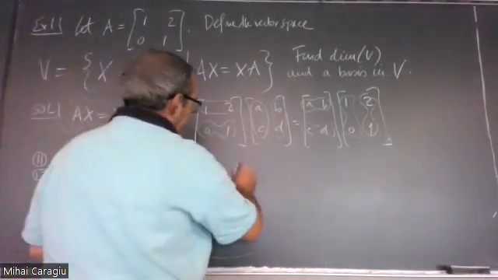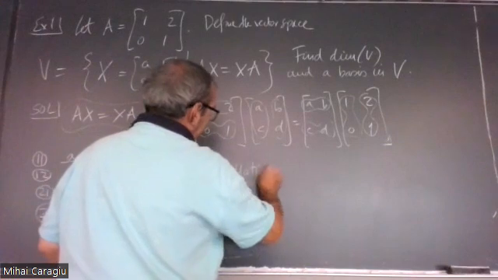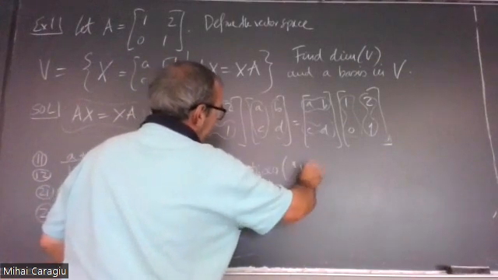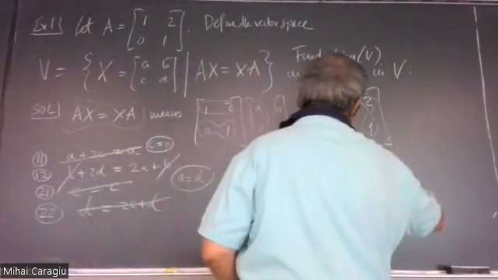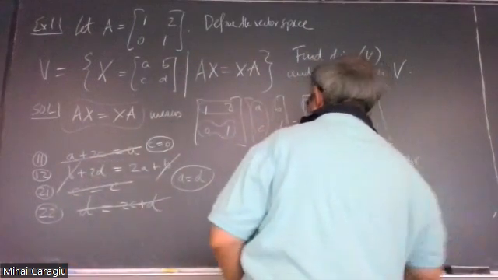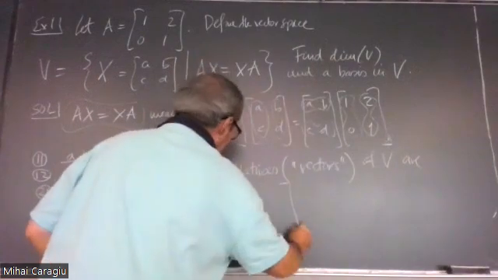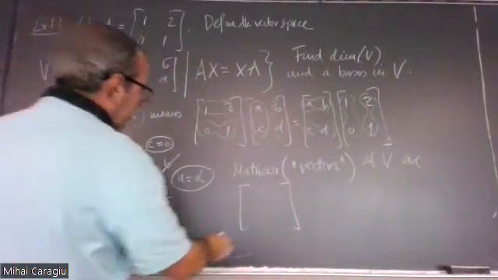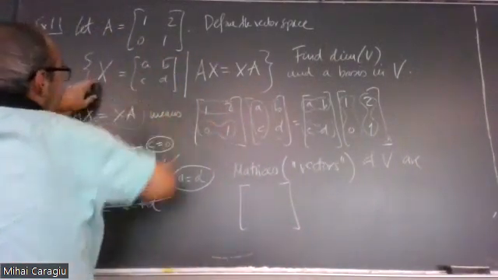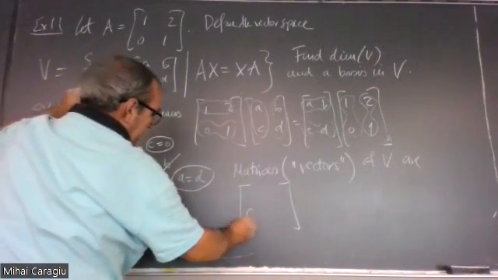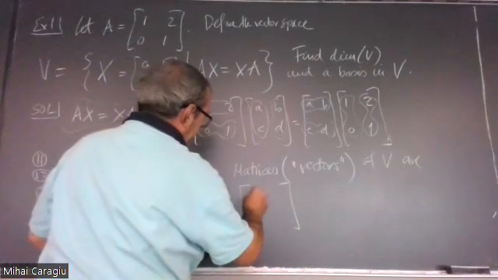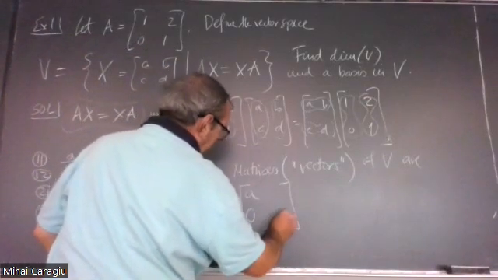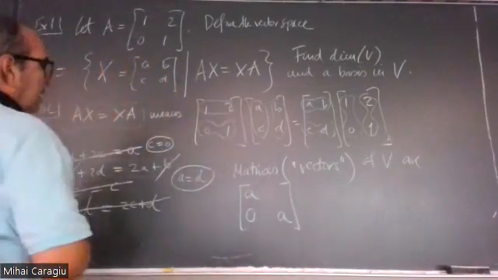So matrices of V, the quote-unquote vectors of V, are vectors of the form: c equals 0, so 0 here. a equals d, so put a here, and instead of d, still put a because d is the same as a.